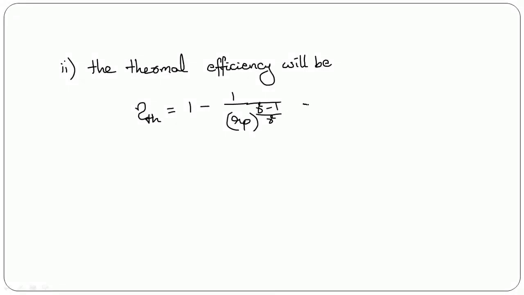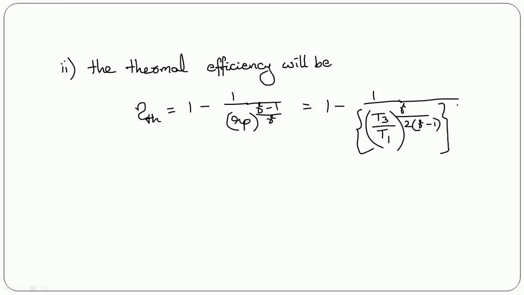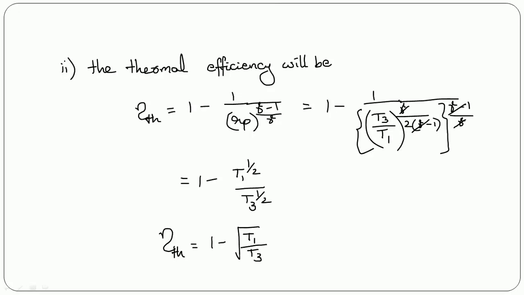See, for maximum work done we need to write Rp as T3 by T1 whole to the power gamma by 2 into gamma minus 1. That means we need to replace Rp with Rp optimum for maximum work done condition. So therefore these will get cancelled. We can write this as 1 minus T1 power 1 by 2 by T3 power 1 by 2. So therefore the thermal efficiency for maximum work done will be 1 minus under root of T1 by T3.